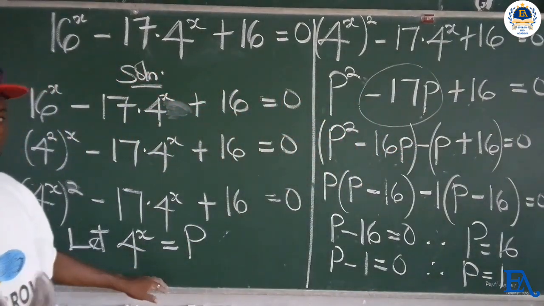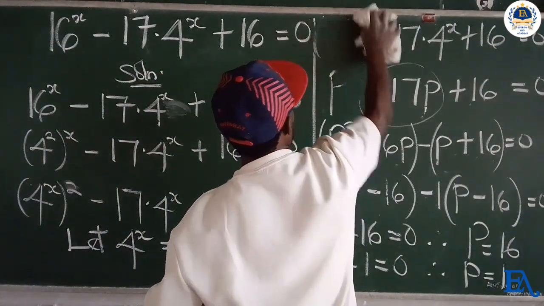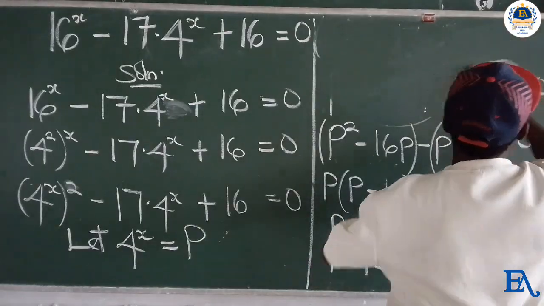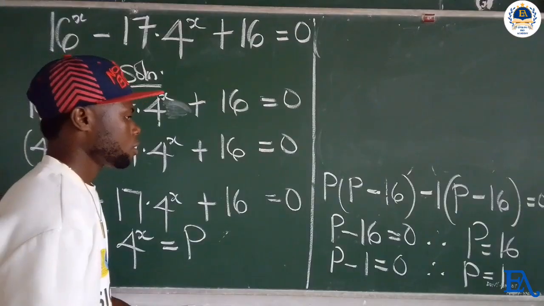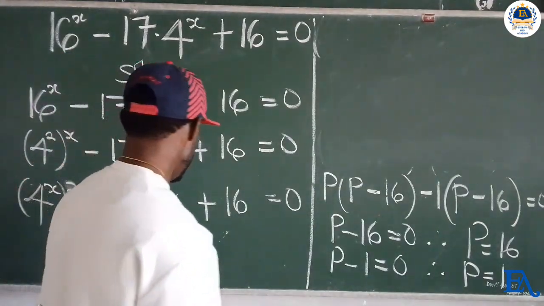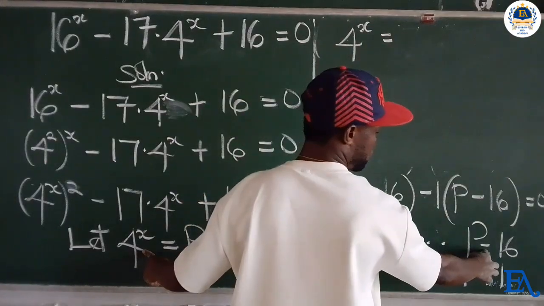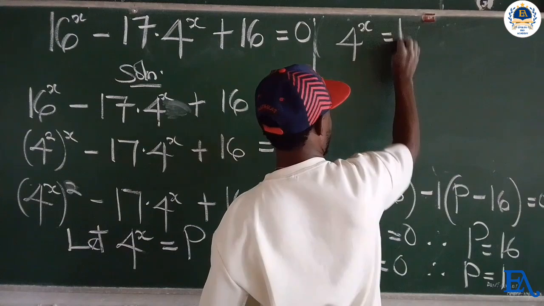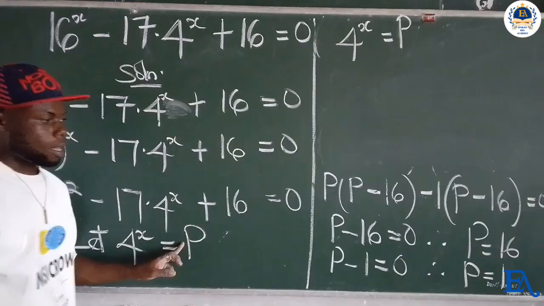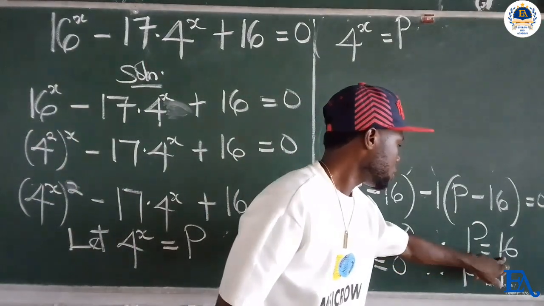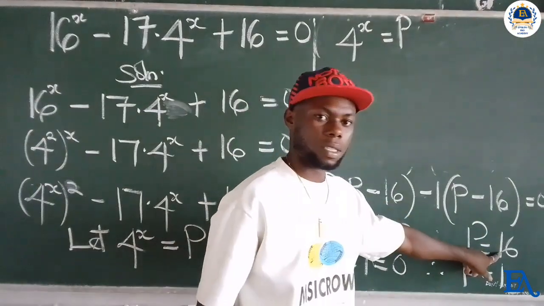Since p is 16, we are going to remove p and replace it with 16.